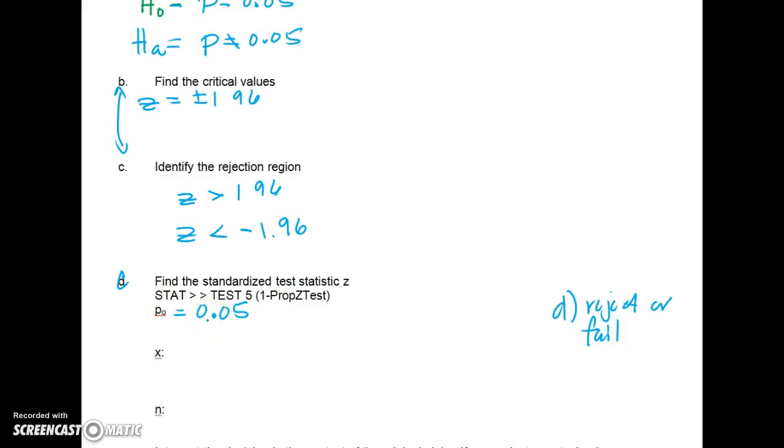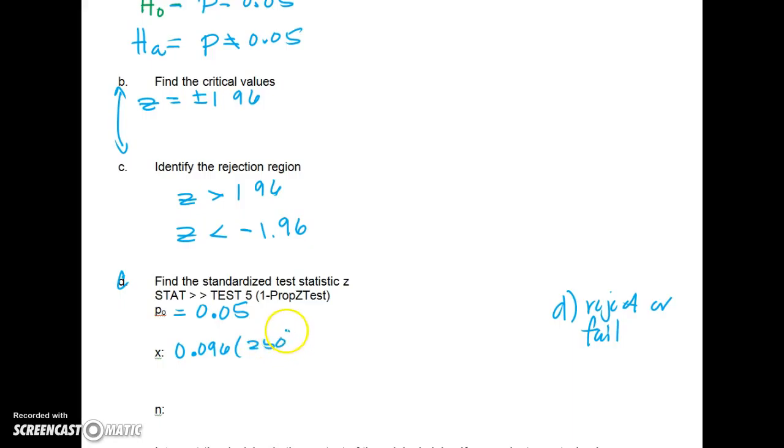What else? The X part of this is the number of people that were actually found to have asthma. That's what the X represents, the actual number of people. And so to find that, in your sample, you found that 9.6% of the people had it. So as a decimal, that's 0.096. So 0.096 times how many people actually had asthma in your sample?